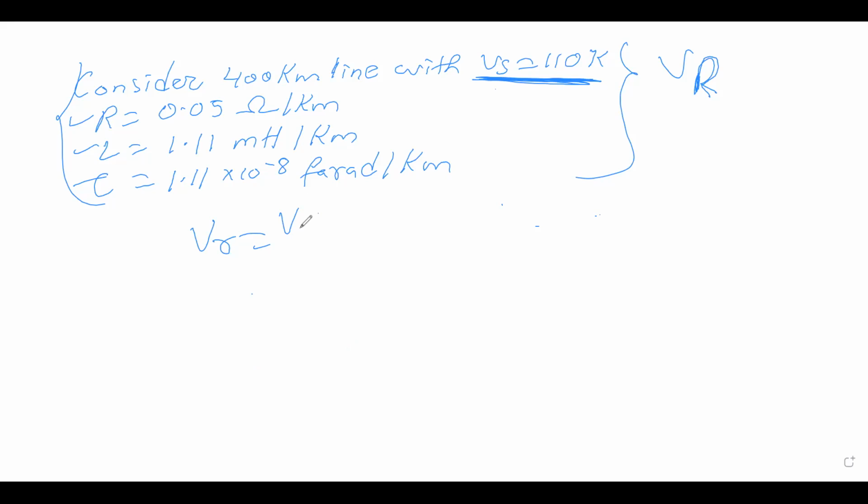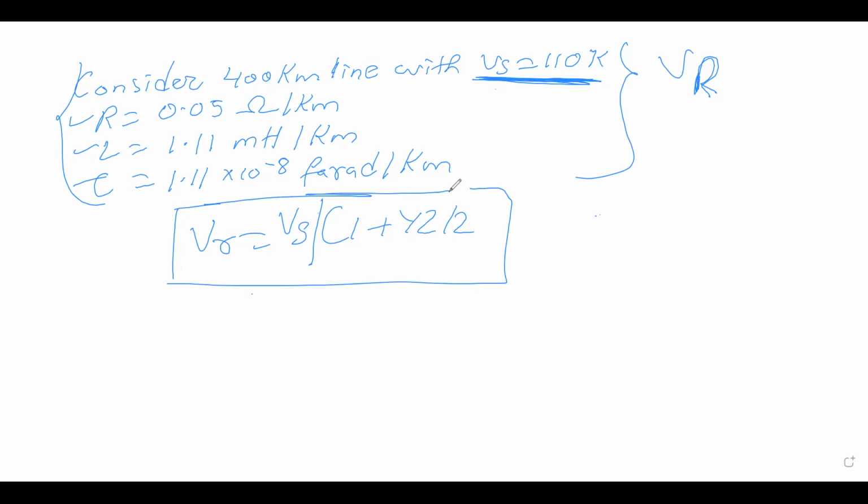So this is your VR equals Vs by 1 plus YZ by 2. This is the formula, right?